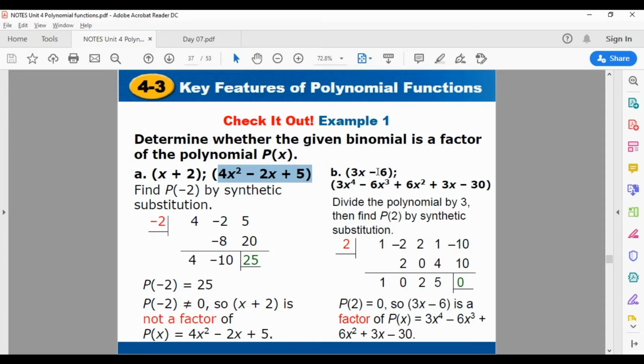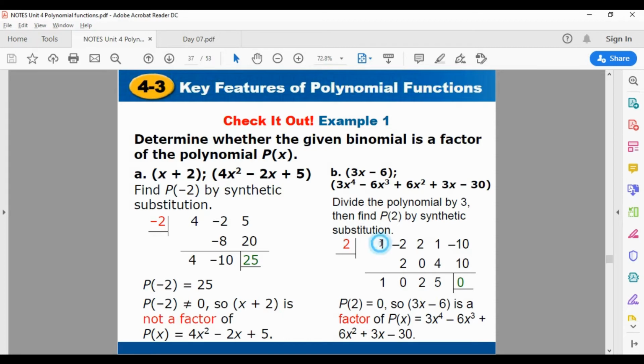Same thing here, where okay, is this a factor? Then when you go through the proper process to find your a value that we spoke about in the prior video, you get a remainder of 0, which means that this value is indeed a factor, and in addition to that, we also get the result of 0 when we evaluate for 2.